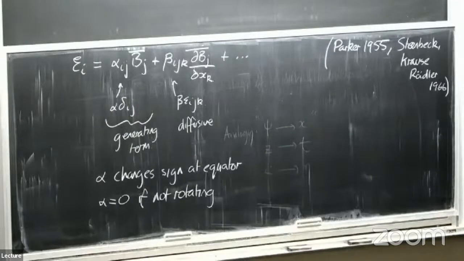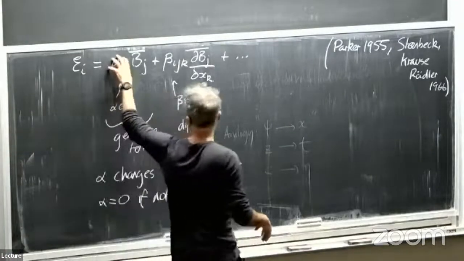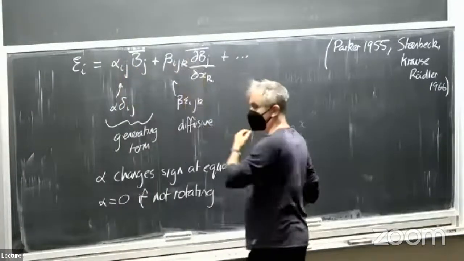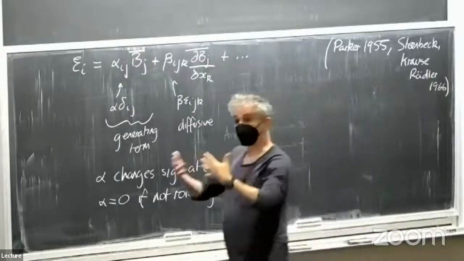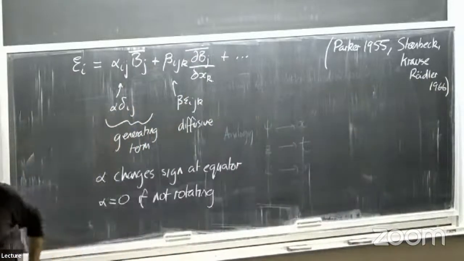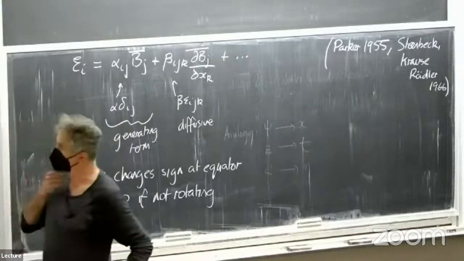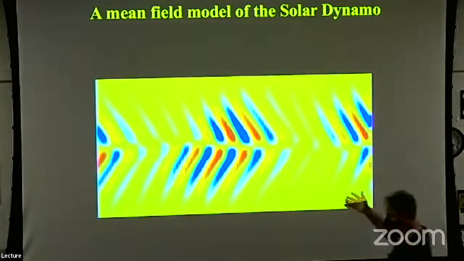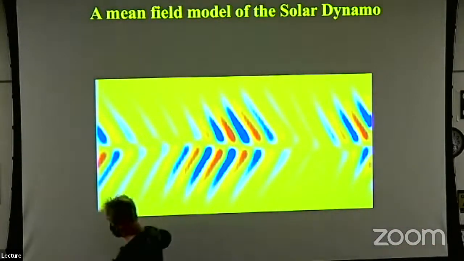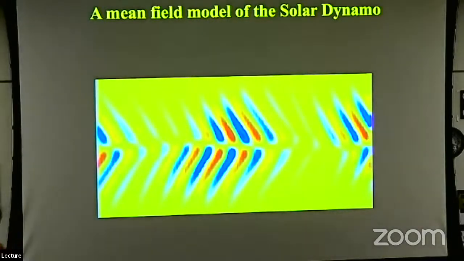What people did was they chose plausible profiles for alpha and for beta based on what they thought was going on, and you could solve just for the large scales. And here's a solution from a so-called mean field model: a butterfly diagram showing the evolution of a large-scale magnetic field that does all sorts of interesting things.